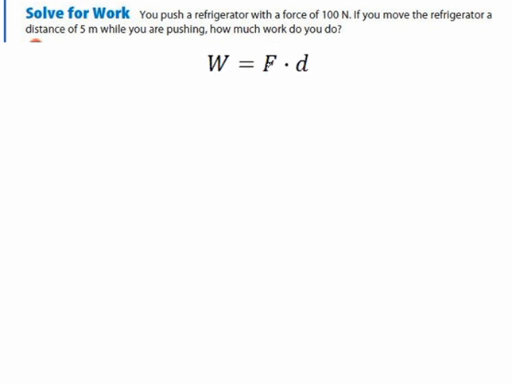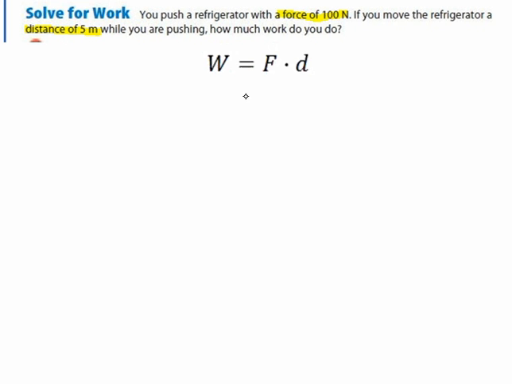The equation for work is force times distance. The force that's being applied to the refrigerator is 100 newtons, and you're moving it a distance of 5 meters. Now, we know that work is applying a force on an object and then moving it in the same direction a certain amount of distance, and that would be what would happen here with this refrigerator.